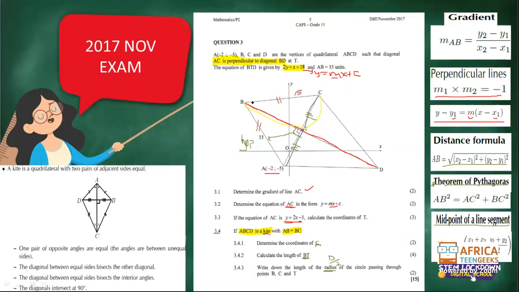So if you have the diameter, then you can get your radius by dividing by 2.